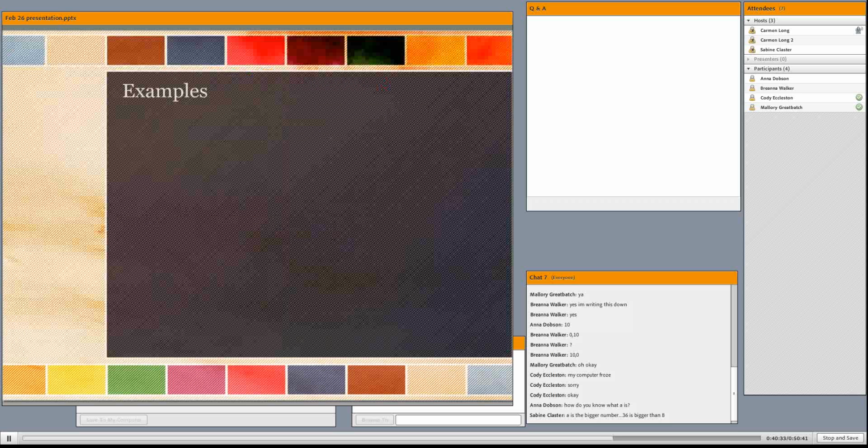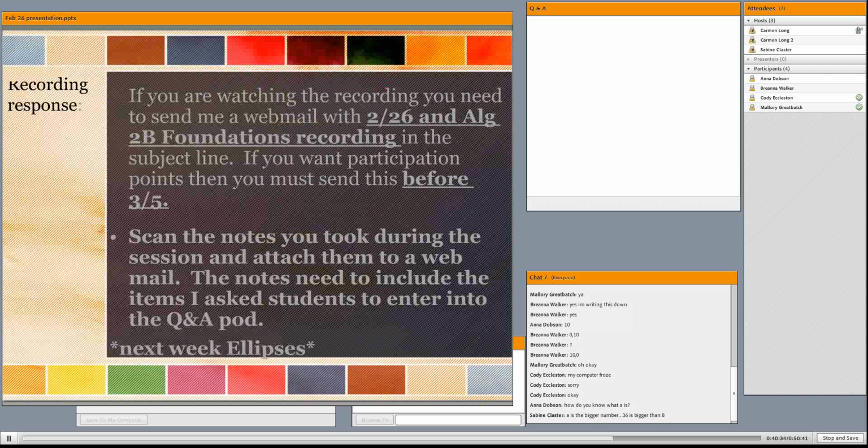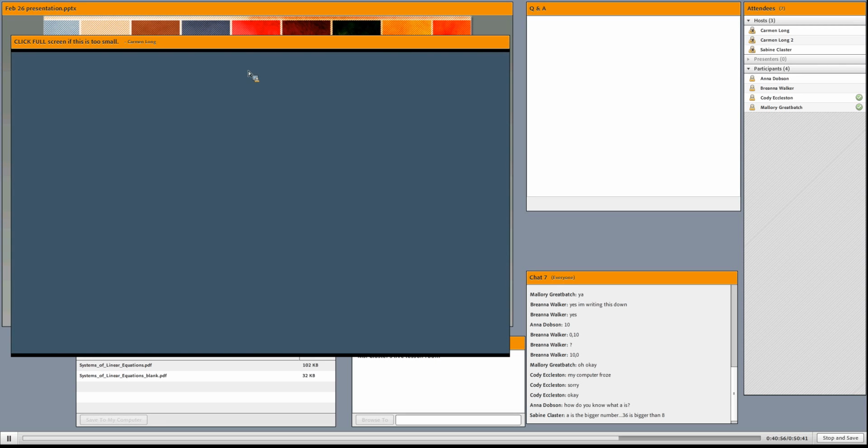Oh, nope, I was just going to pick some more. I think that's all I was going to do. Okay. Let's do that. All right, let me get that pod back.